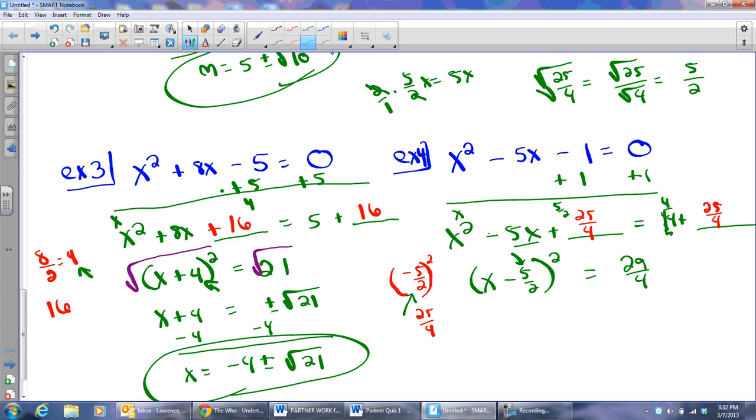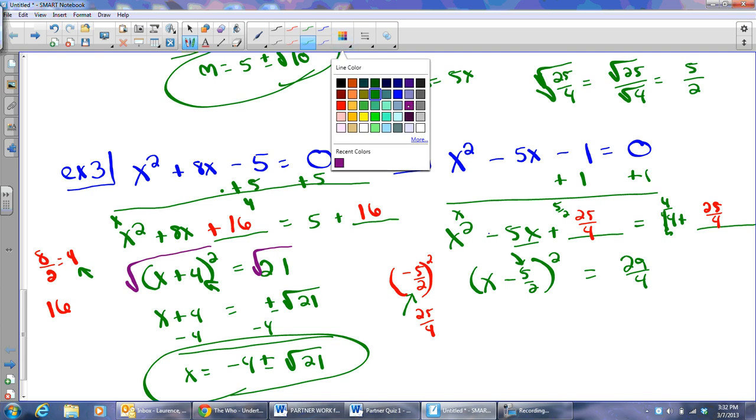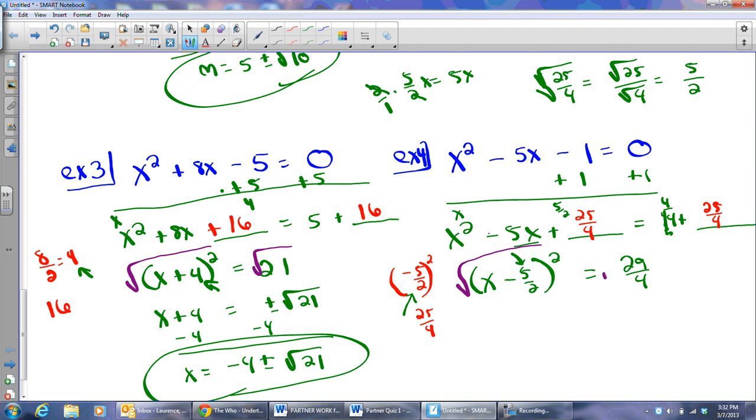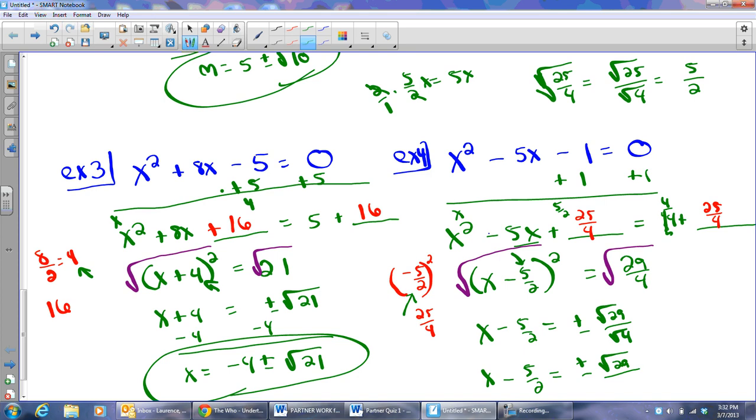I'm going to take the square root of each side. And I will get x minus 5 over 2 equals plus or minus square root of 29 over the square root of 4, which is better said as x minus 5 over 2 equals plus or minus square root of 29 over 2.